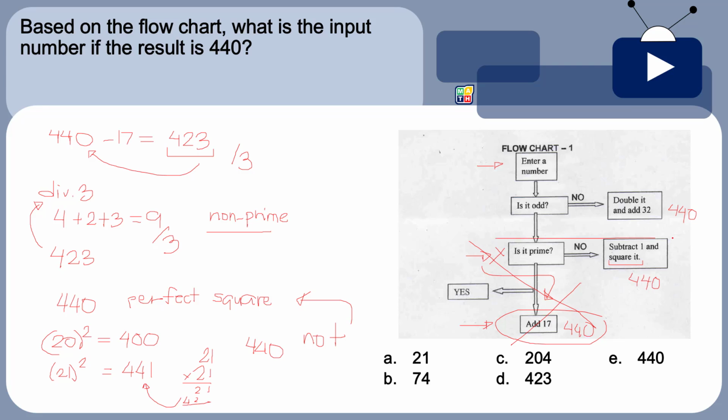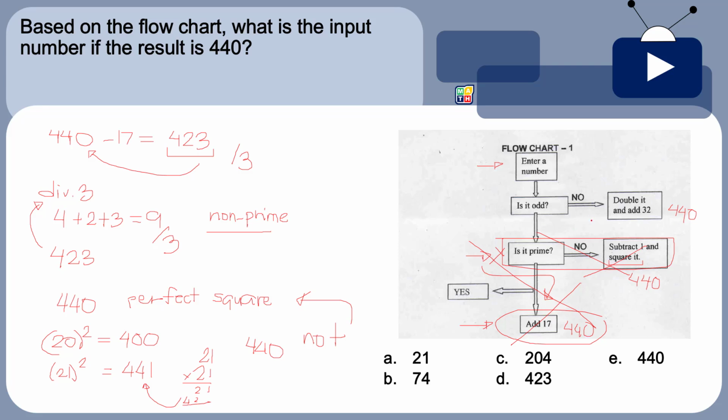So this process is also not possible now. Please review what I have said. You might want to go back to this video or review the previous portions to understand it again. But again, not to make this longer, this is no longer possible because 440 is not a perfect square.